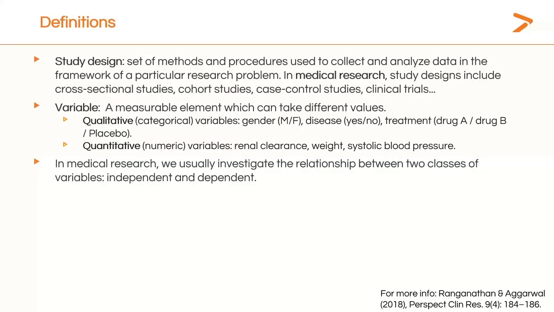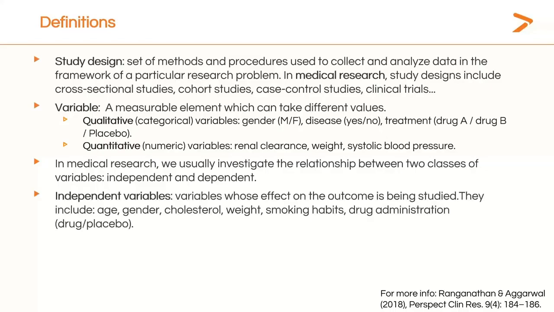And the independent variables include risk factors. For instance, the age, or it could be the gender, or it could be the drug which was administered, or it could be the cholesterol concentration in the blood. Independent variables are the variables whose effect on the outcome is being studied, and they include age, gender, cholesterol, smoking habits, drug administration, drug or placebo.